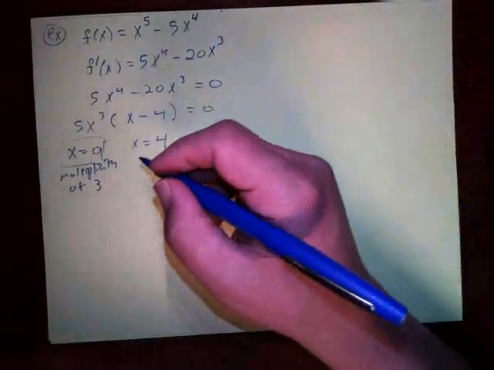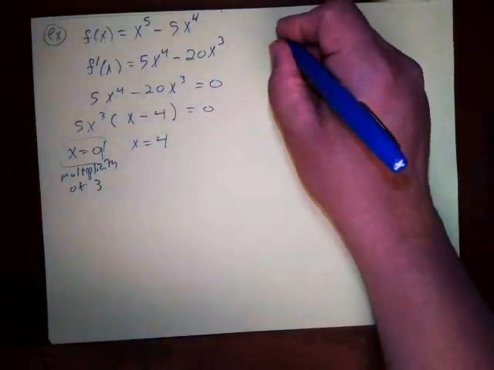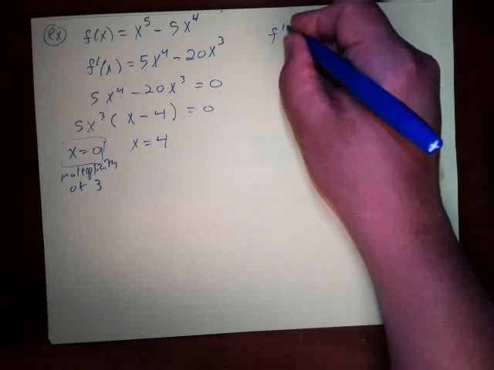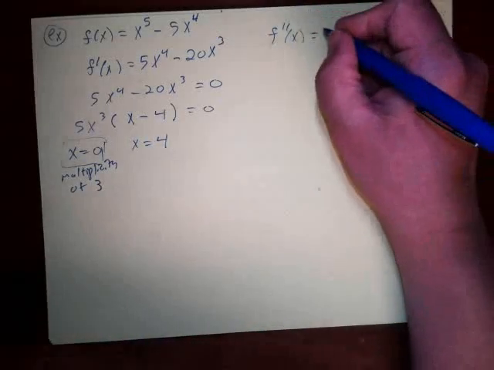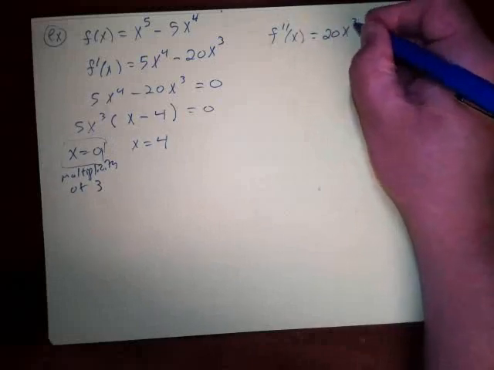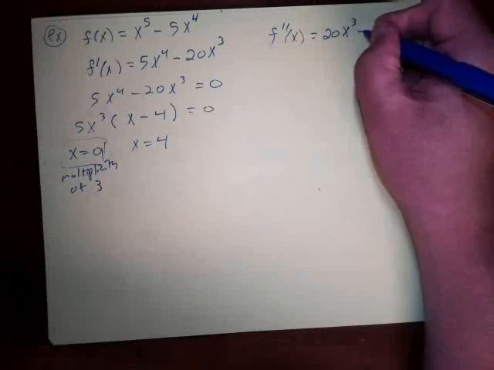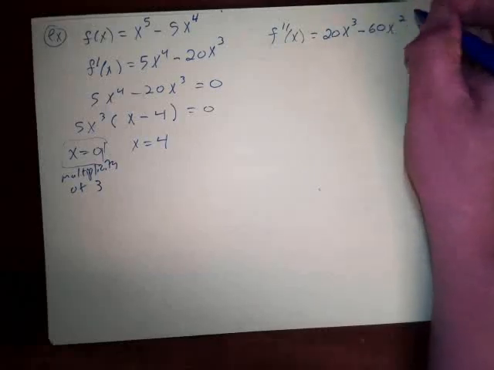Well, let's take the second derivative here. The second derivative is going to be 20x cubed minus 60x squared.